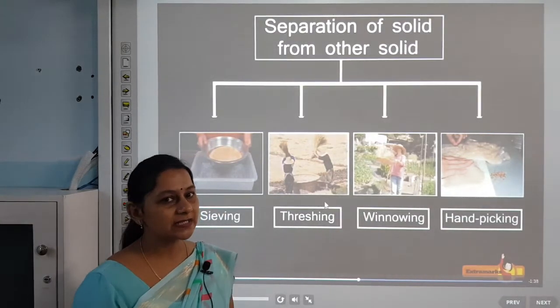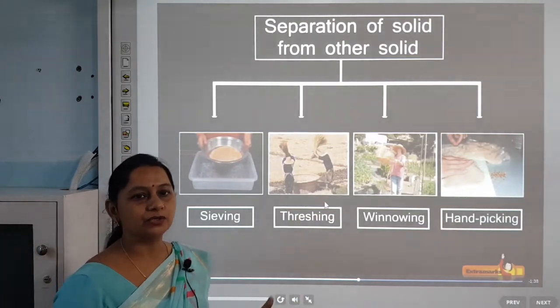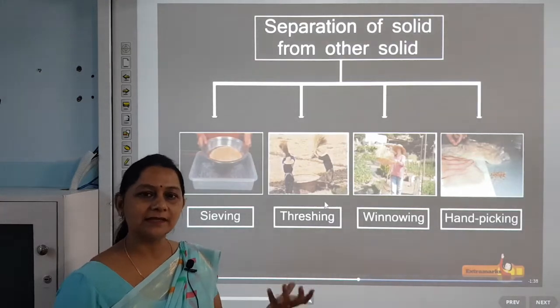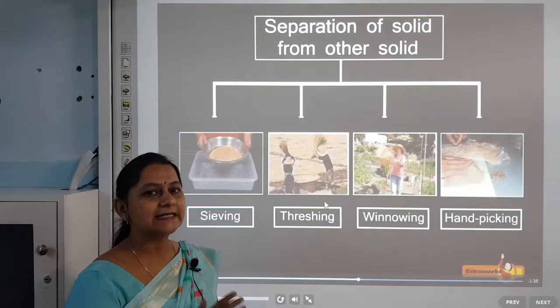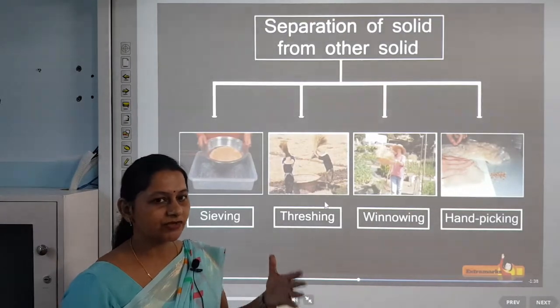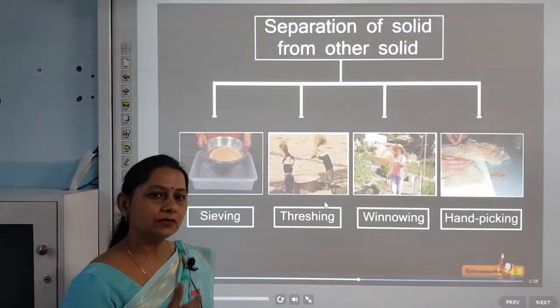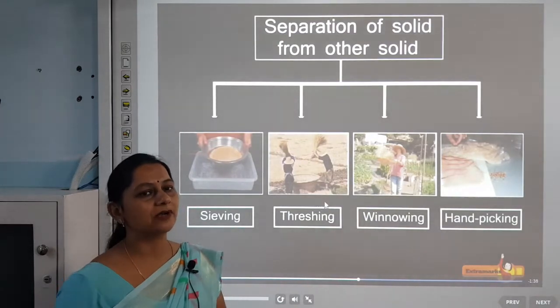Children, you must have seen at the construction sites, big sieves are used to separate the pebbles and stones which are present in the sand. To obtain pure or fine quality sand, big sieves are used to separate stones and pebbles from it.